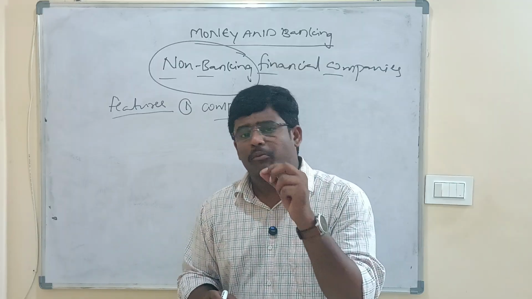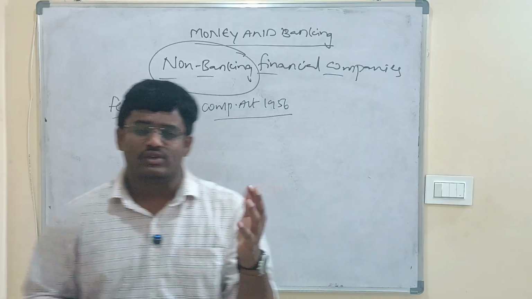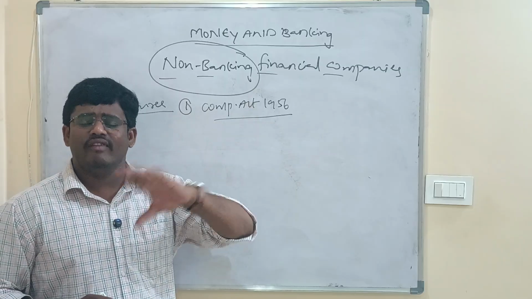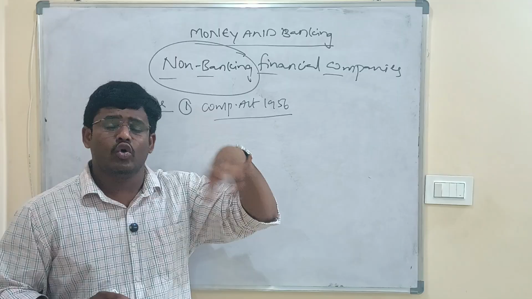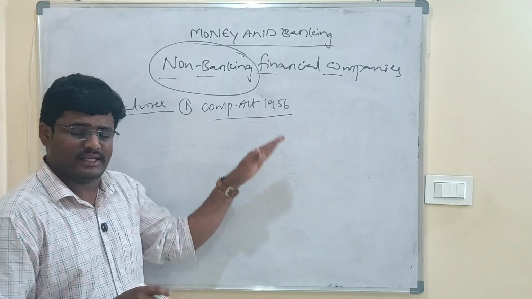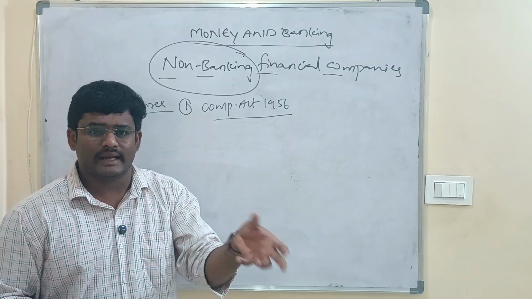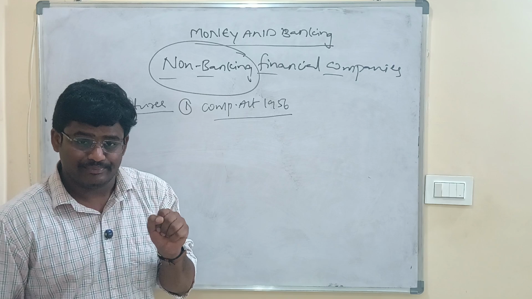But one point we should understand: there are thousands of NBFCs operating in the unorganized sector. There is no hard and fast rule that they have to be registered, but they should be registered under the Companies Act 1956. That is the first point we have to understand.